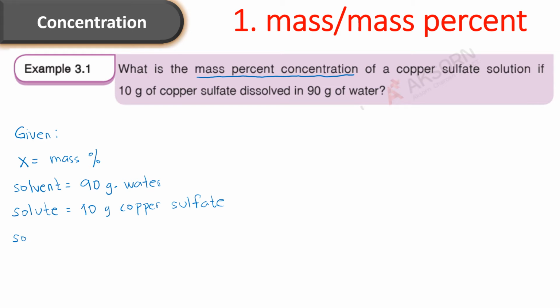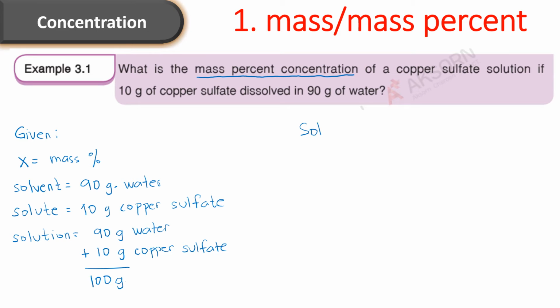And how about our solution? Please remember that your solution is solute plus solvent. So you have your 90 grams water plus your 10 grams copper sulfate, and you will have 100 grams of solution. Okay, so we are now ready to solve your mass percent concentration.